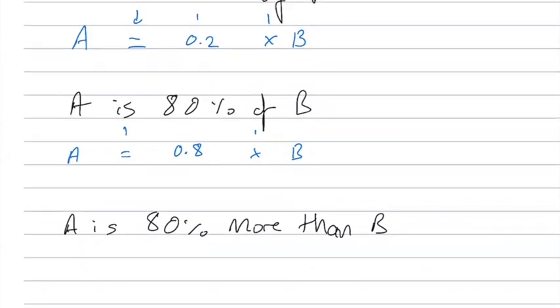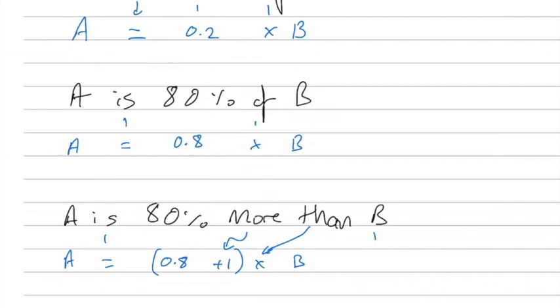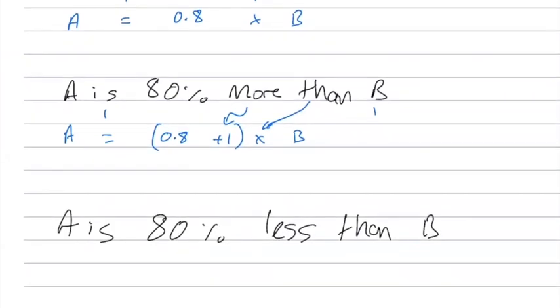And if you want to get harder, A is 80% more than B, so you do A is equals 80%, 0.8, more than, plus 1. Sorry, more is plus 1, and then of is multiplied, and then B becomes B. And then let's do the other one, which is A is equal 80%, 0.8, less than.